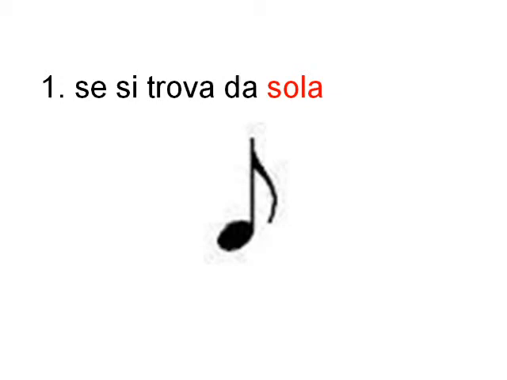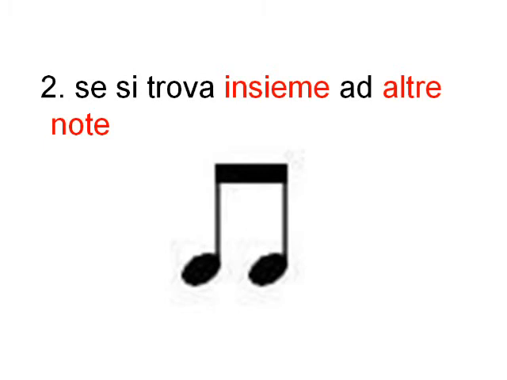But if the 8th note or quaver is found in a group of other notes, that could also be 8th notes, but also other notes with a duration shorter than the eighth note, we have to use another symbol.